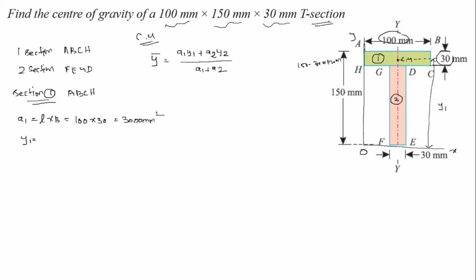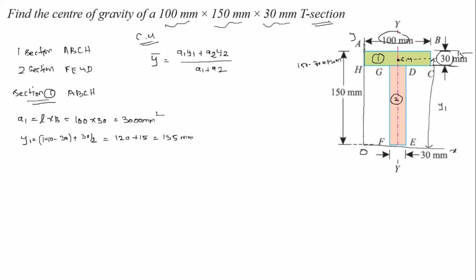So, up to this 120 mm, then 30 divided by 2 which is the CG, right. 30 divided by 2 is equal to 15. So, 150 minus 30 plus 30 divided by 2, which is 120 plus 15, which is equal to 135 mm, right, 135 mm.